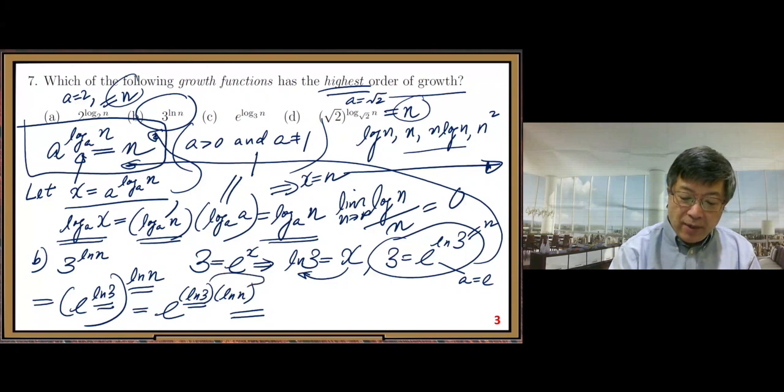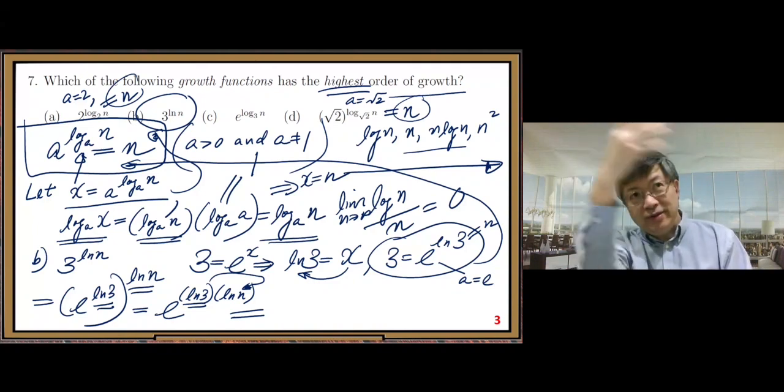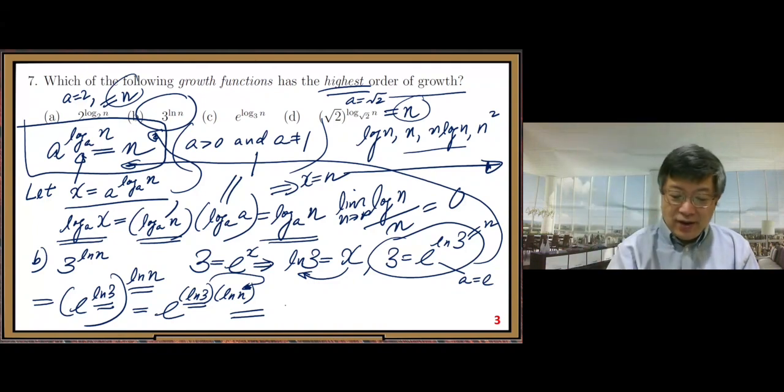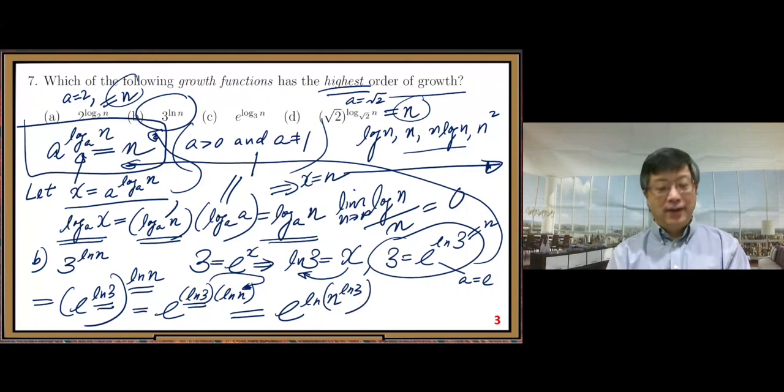We can put this number at the exponent of that n. So then we write e to the natural log n to the natural log of 3.